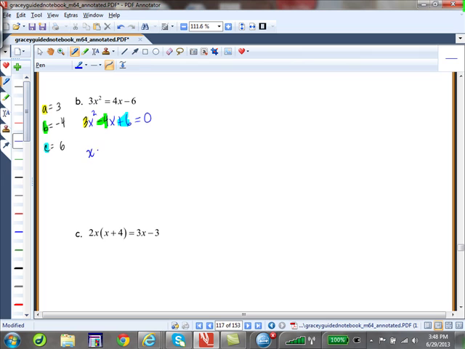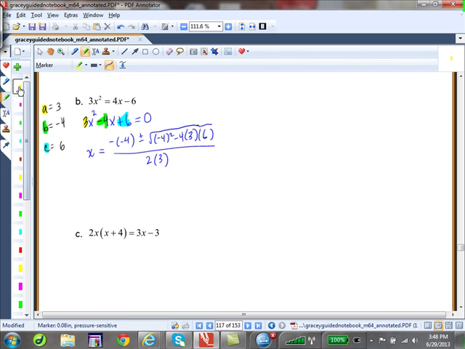So x will be the opposite of b, which was negative 4, plus or minus the square root of b squared minus 4 times a times c all over 2 times a.